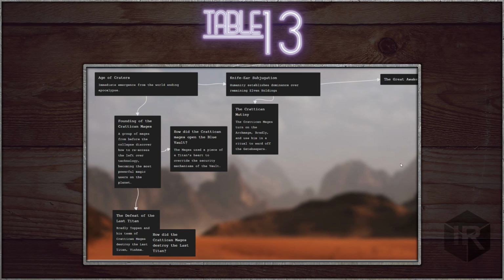And it is nearing a large concentration of humanity, which is why the Kratikan mages are making this stand to try and finish this last one off, I guess.